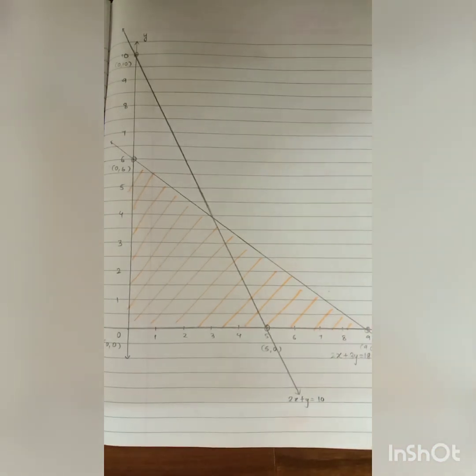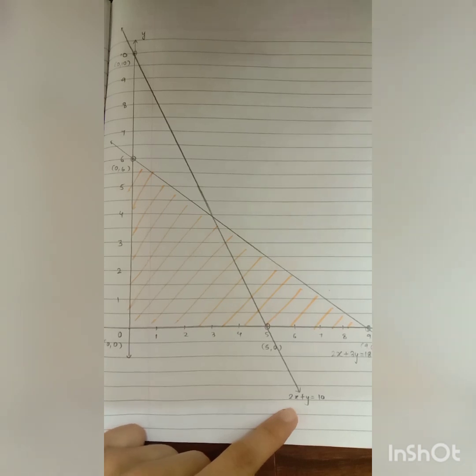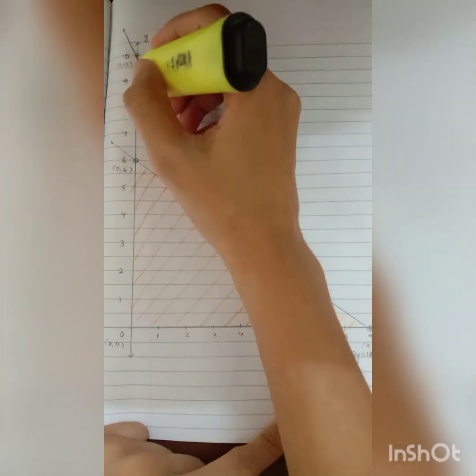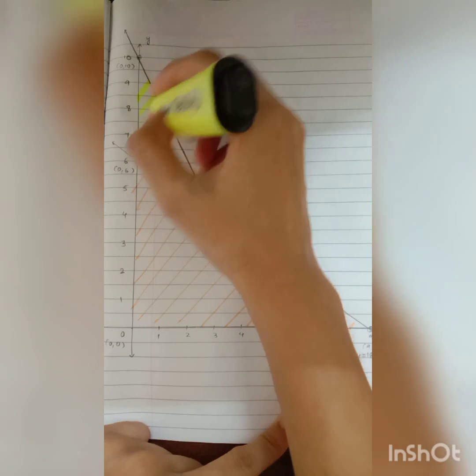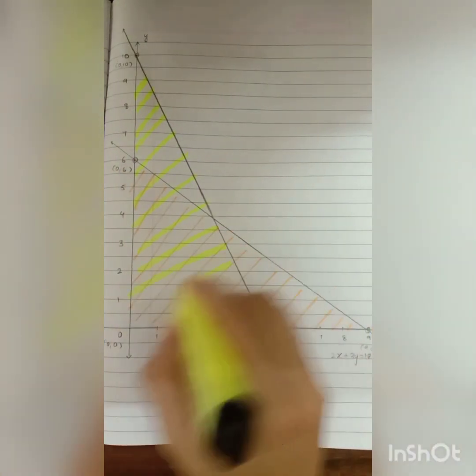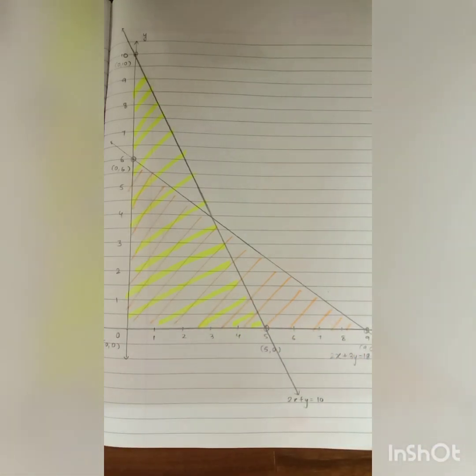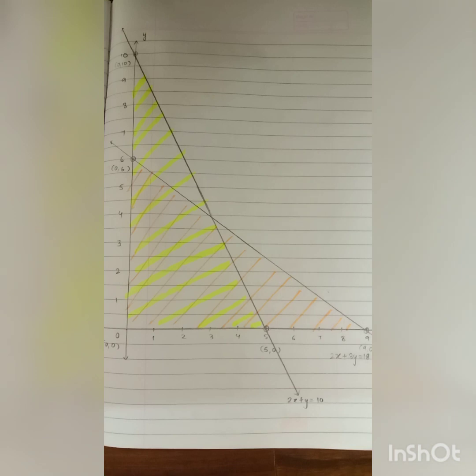Now our second constraint is 2x plus y equal to 10. We are coloring with another marker. Now you can see the common shaded region.